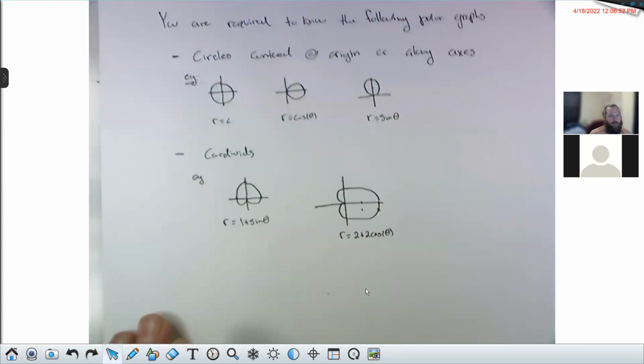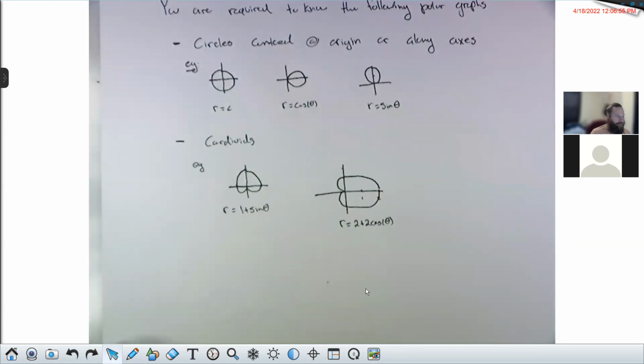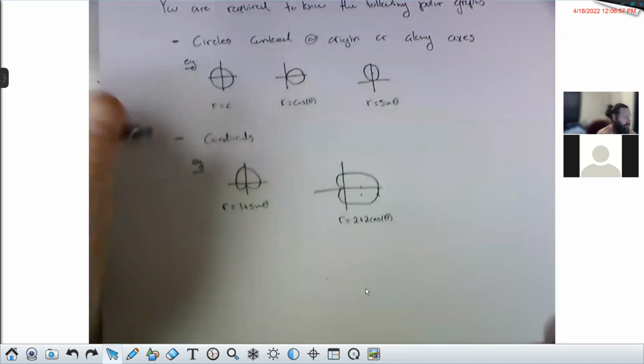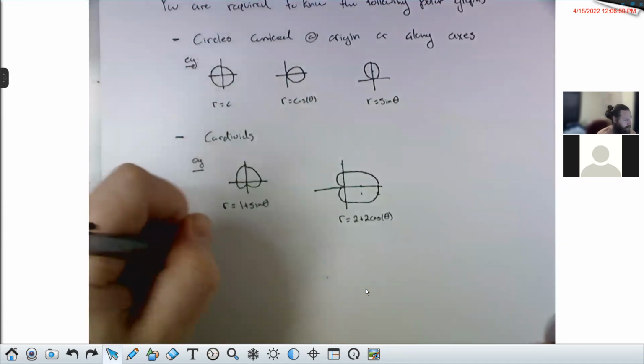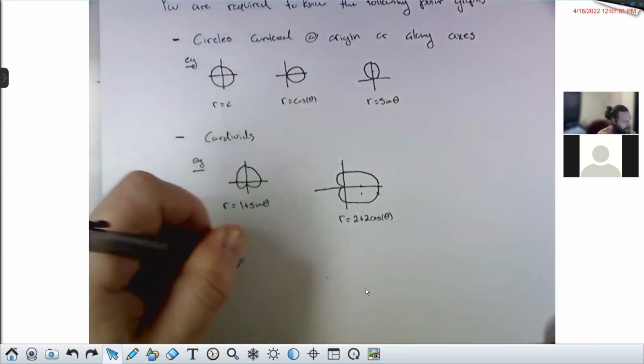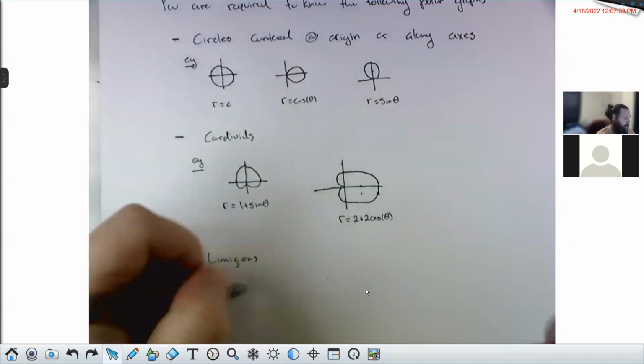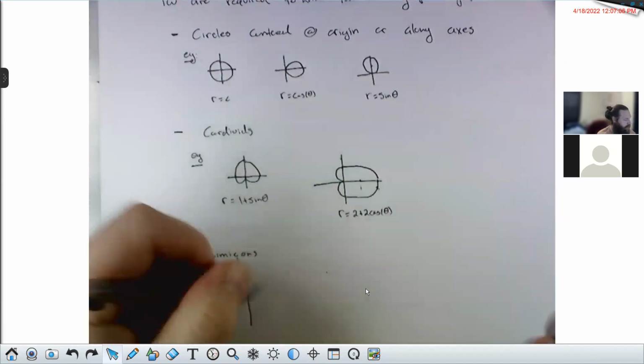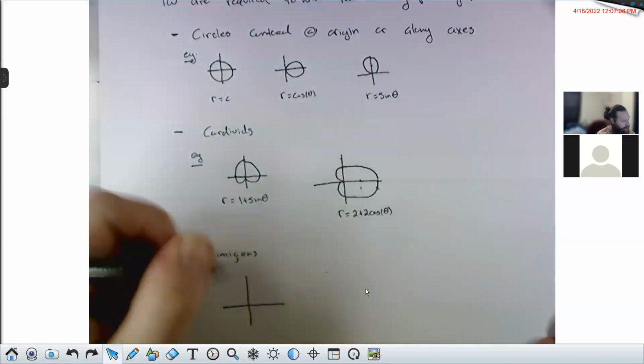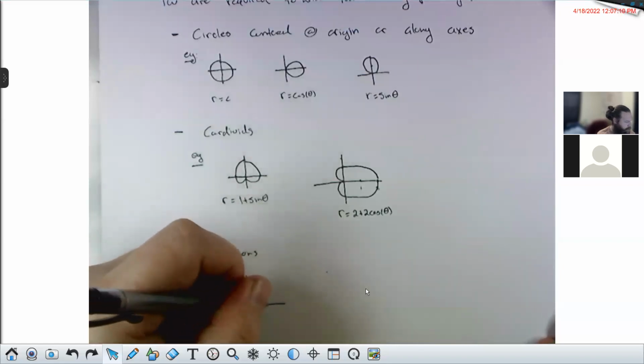I want you to know your circles, and I want you to know your cardioids. Limaçons. These are like cardioids, but with inner loops. So the same sort of thing.